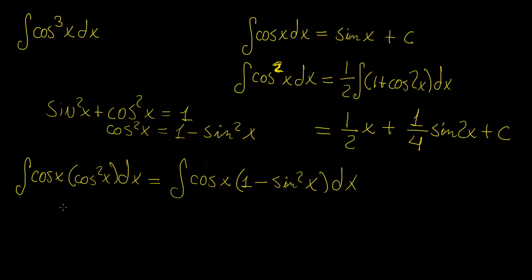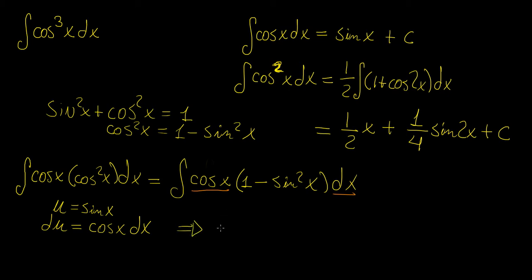So how about we make u equal to sine x such that du is going to be cosine of x times dx. And now if you notice, the other function is cosine of x and it is multiplying dx. So now we can perform a simple substitution here.